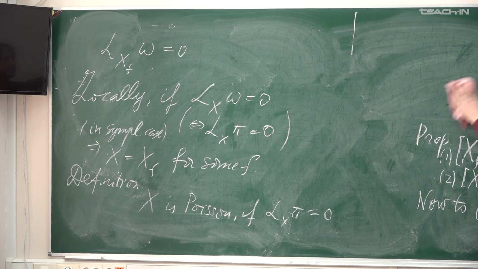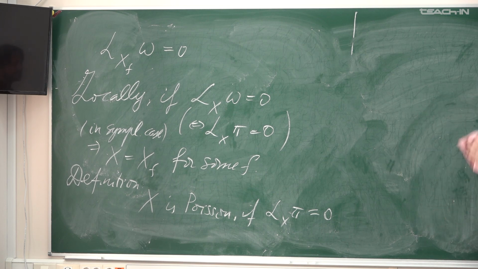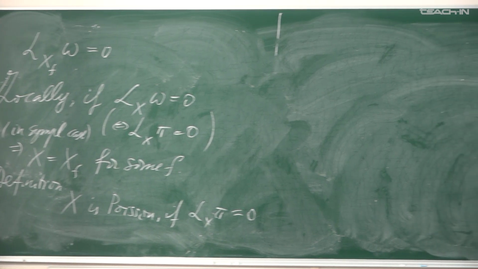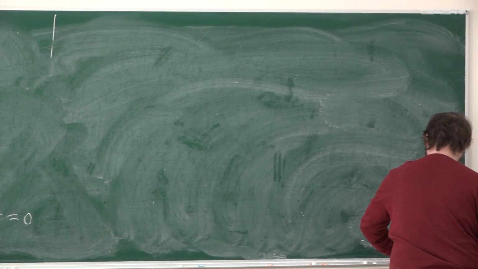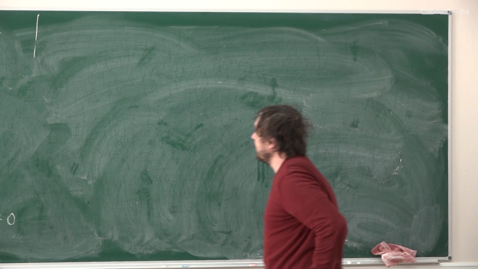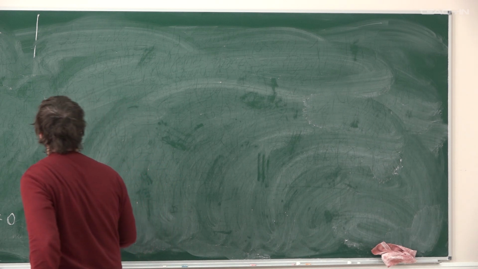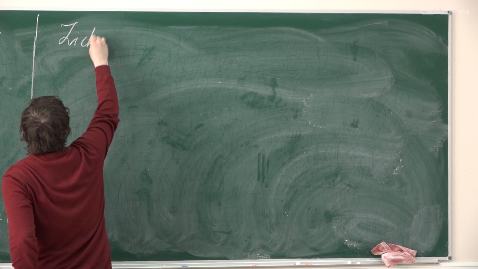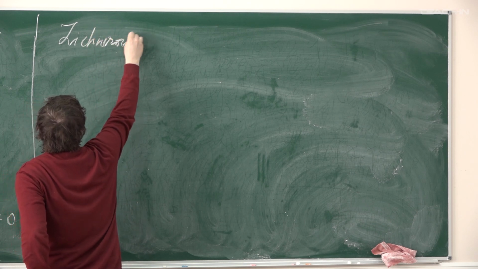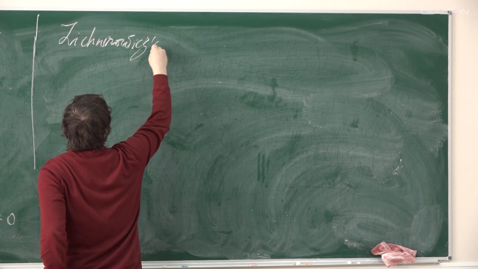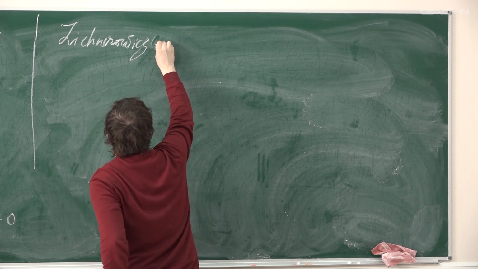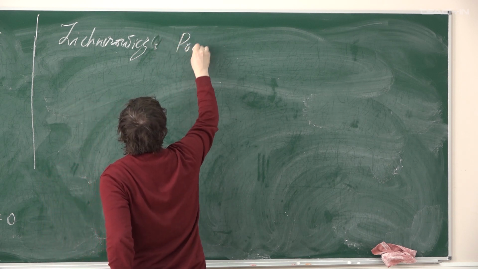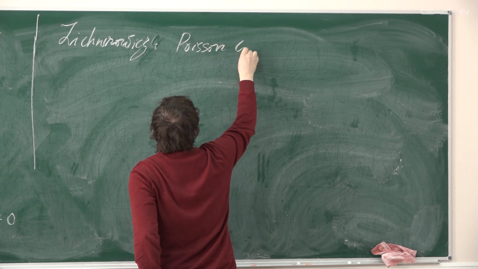So let me describe some construction that allows one to measure, in some sense, the difference between these two properties of being Poisson and being Hamilton. I mean the so-called construction of Lichnerowicz-Poisson cohomology.